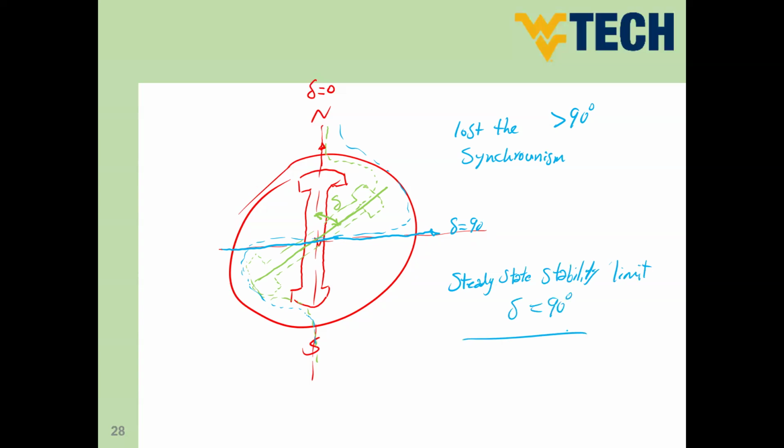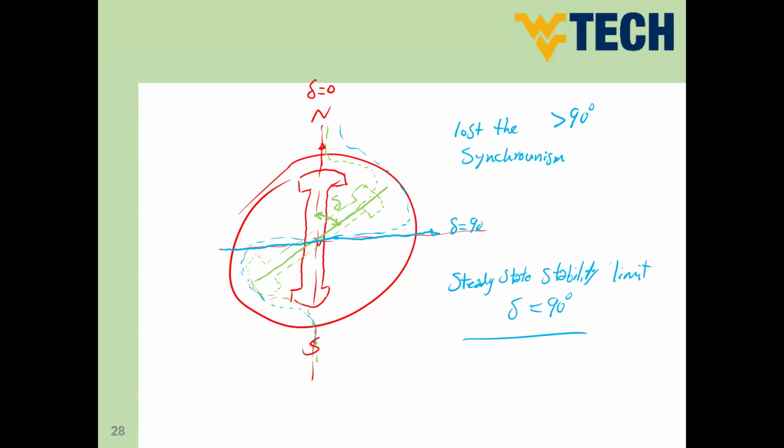It's not allowed to leave the machine loaded until delta equals 90 degrees because it's very, very critical. No one can operate the machine at maximum power. This is a very tricky point, and the current is going to be very high, almost twice the rated current of the machine.